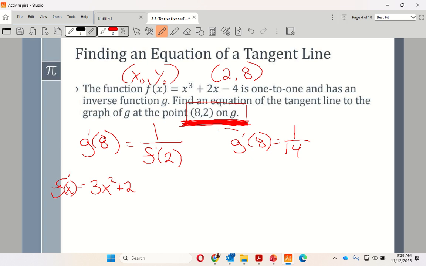It's a derivative. What does derivative really give me? Slope, very good. Slope, slope, slope. That's what I needed. So when I said I need to have it on this, that means if it's on g, I'm plugging it in right here into my point slope. So I have the slope right here. So it's going to be y minus 2 equals 1 over 14 times the quantity x minus 8.